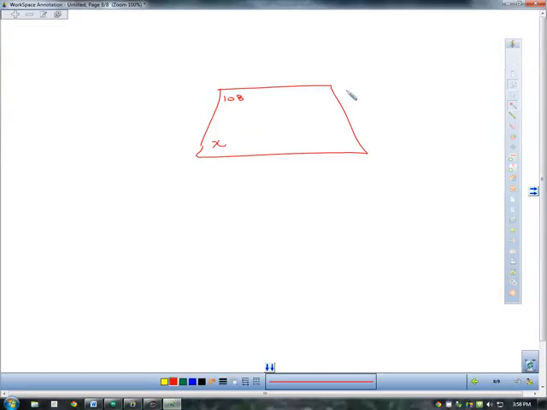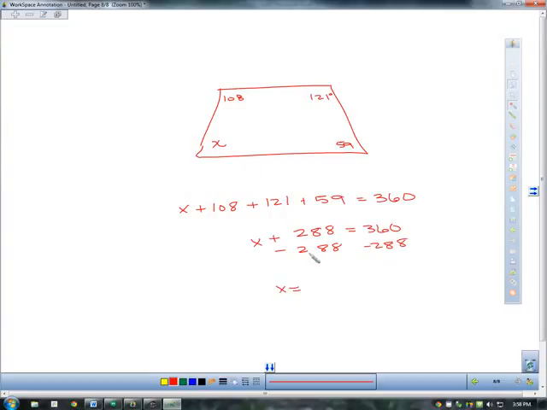And so if I have this situation right here, I need all of this to add up to 180. I'm sorry, 360. Okay, so if I put everything together, I get x plus 288 is equal to 360. And then I would subtract 288 from both sides. Well, I know if this is a quadrilateral, x would have to be 72 degrees.